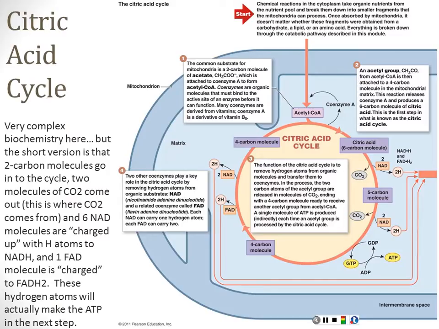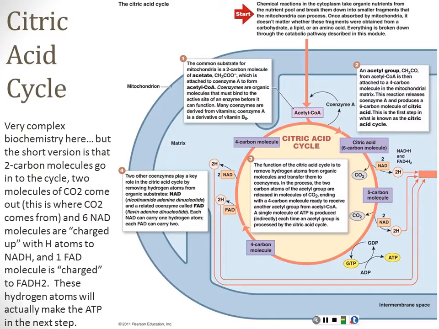But one of the take-home messages is the CO2 is made in the citric acid cycle, but the oxygen is used in the electron transport system. So there's a separation. We think, well, oxygen goes in and CO2 comes out. But in the mitochondria, it's not that simple. First, the CO2 is made, and then the oxygen is used, and the oxygen becomes water, not CO2.